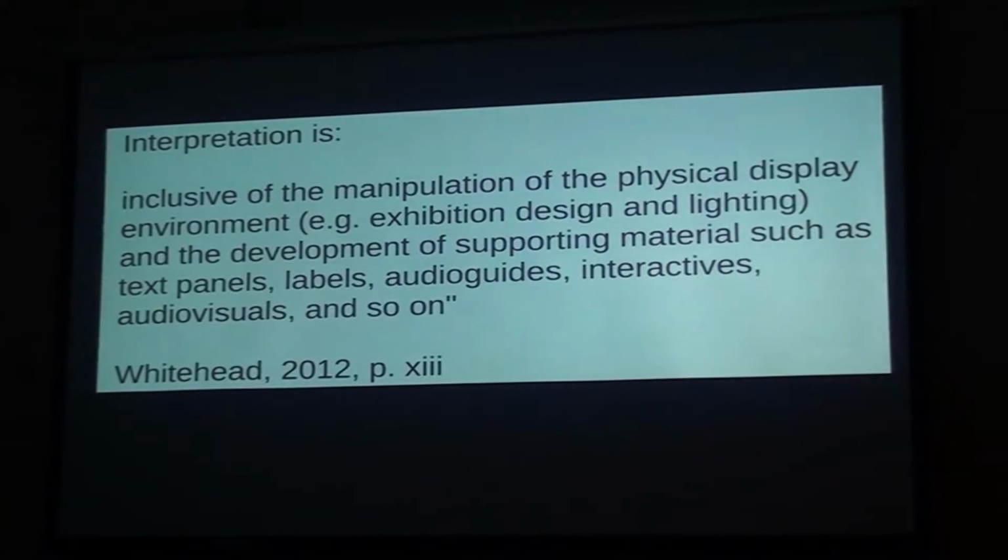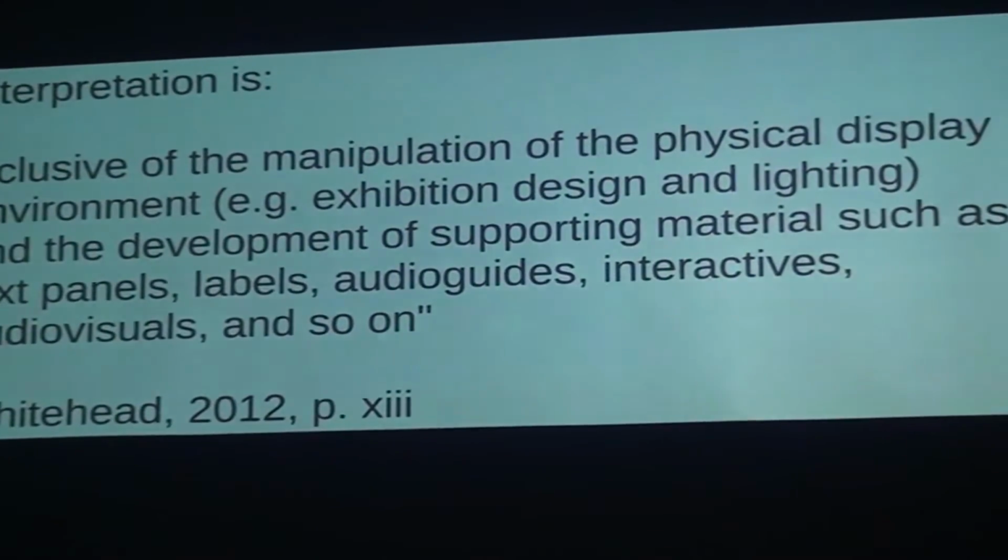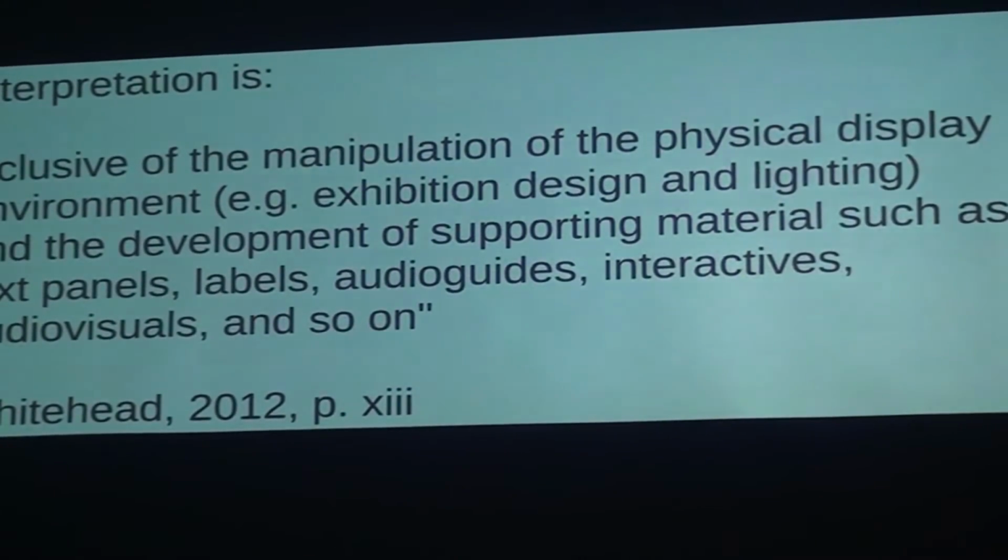This is what Christopher Whitehead, who's based at Newcastle University in the United Kingdom, defines as interpretation. So interpretation is inclusive of the manipulation of the physical display environment, meaning the exhibition design and lighting, and the development of supporting materials such as text panels, labels, audio guides, interactives, audiovisuals, and so on.